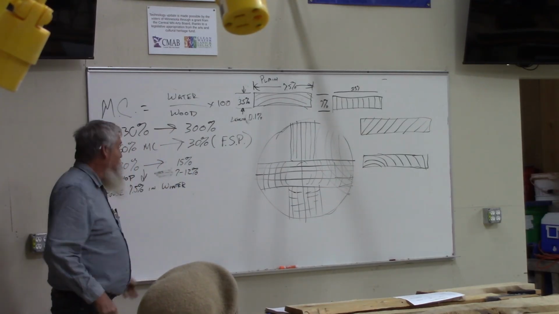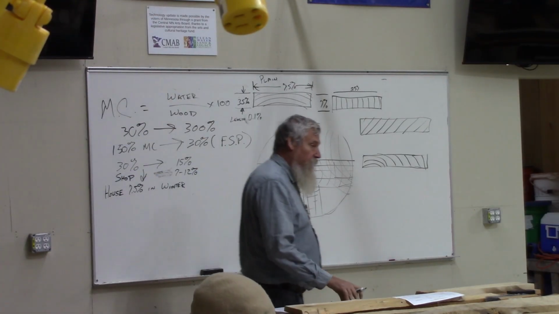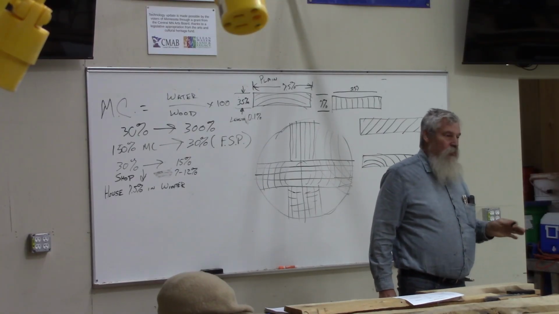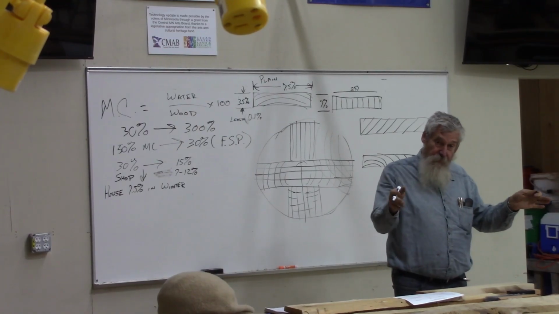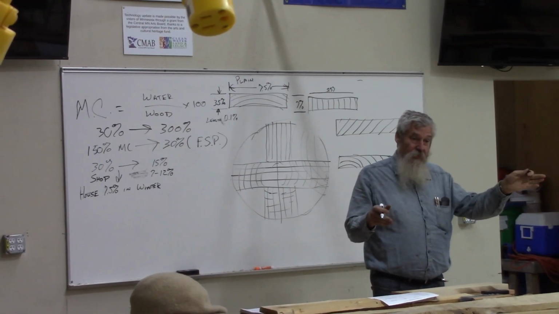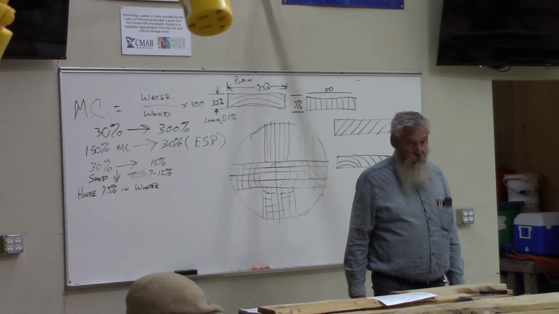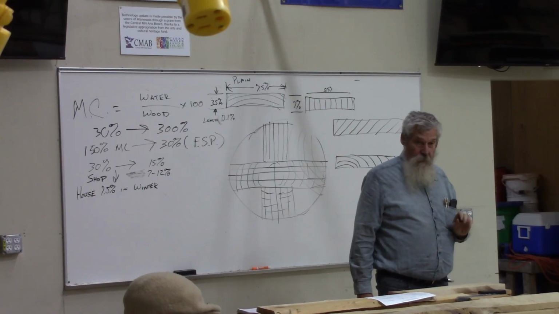When you build something with kiln drying, do you have a kiln at your mill? I bring it down to about 8%. Kiln dried is typically between 10% and 7%. So he takes it down to 8. When it comes out, if he puts it outside, it's going to go back up a little bit. And that's okay for the wood.